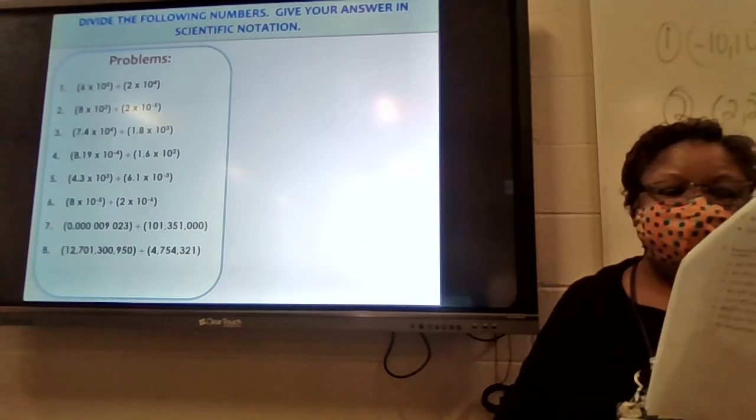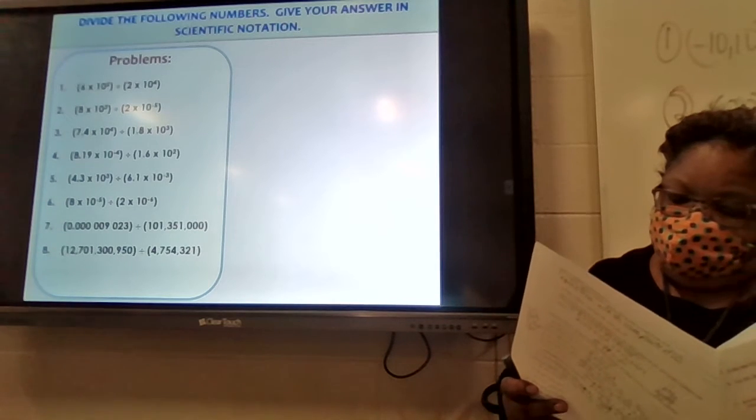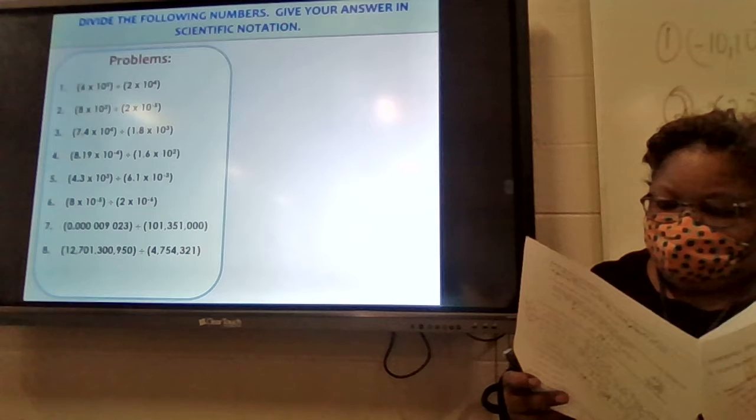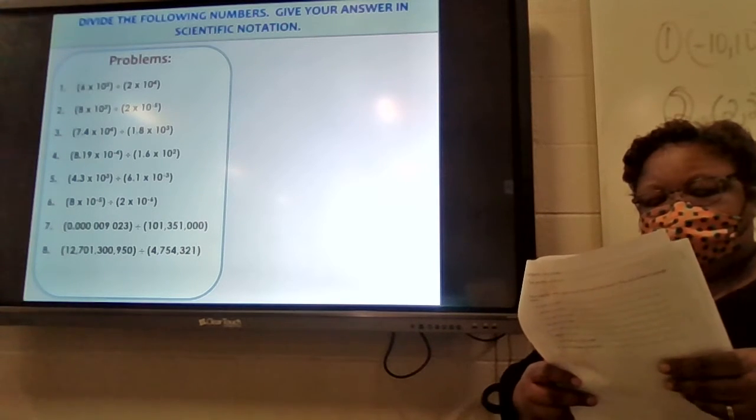So in division, remember our rule said we divide the numerator by the denominator and then subtract the exponents.